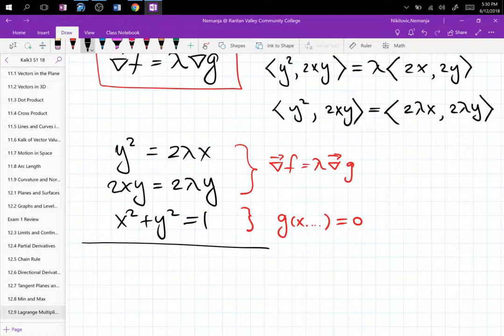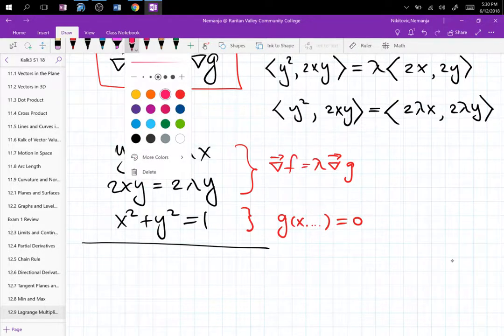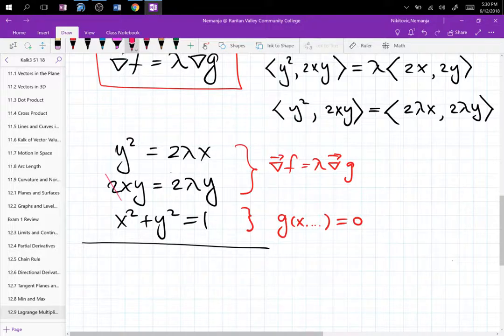Now, first off, I am going to ask you not to divide and cancel things. Do not go into the second equation and say, oh, cancel y's. Sure, you can cancel 2's. That's okay, 2 and 2 will cancel. But you can't cancel y, because in order to cancel y, you have to divide by y on both sides.